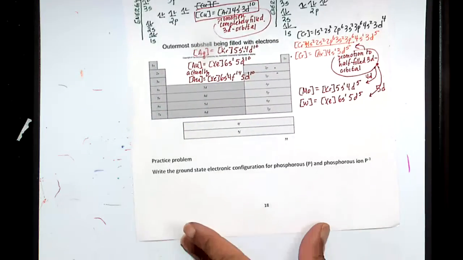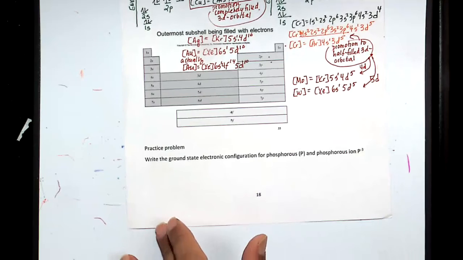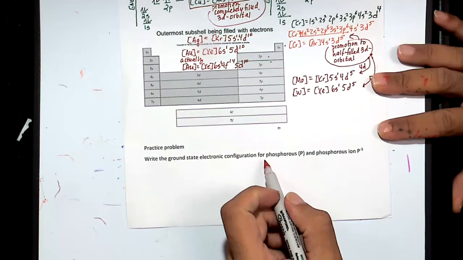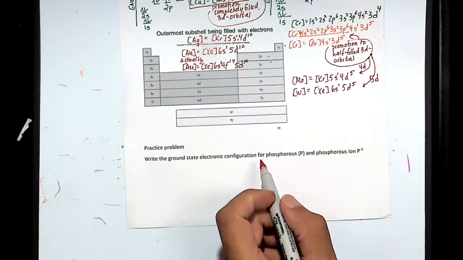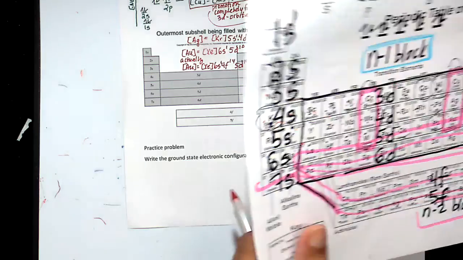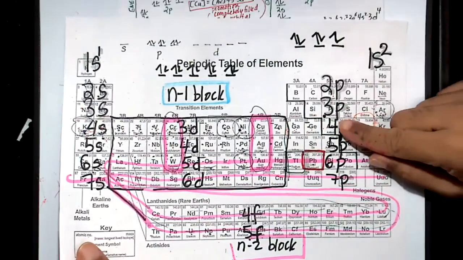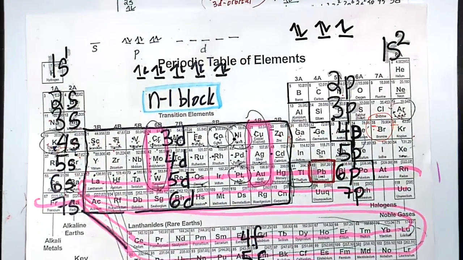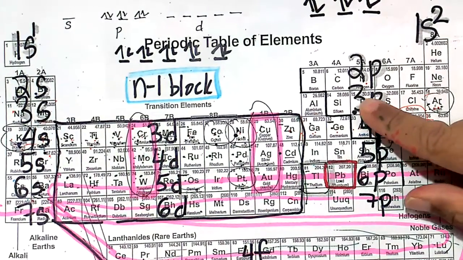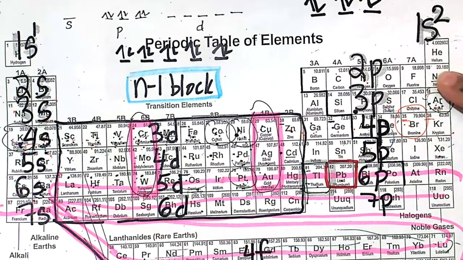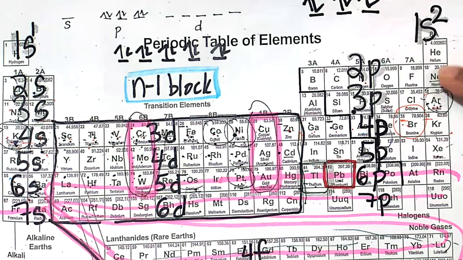All right, just super quickly, give me one more minute of your time. The ground state electron configuration of phosphorus. Are we confident enough to do this? Where's phosphorus here? Phosphorus, 15 electrons. 10 of them are going to come from neon.